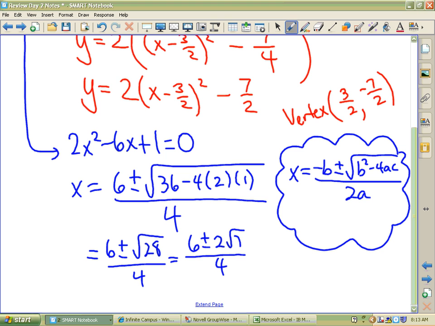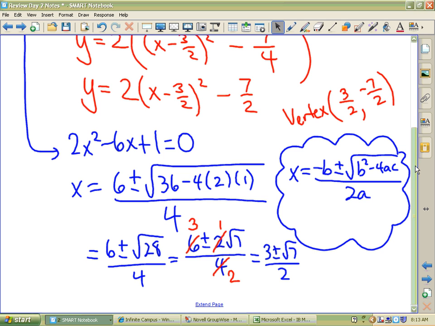Now we should probably talk about how things cancel from there. 2 goes in a 2. 2 goes in a 4. 2 has to go into 6. We have to take from everybody or not at all. And so this turns into 3 plus or minus root 7 over 2.